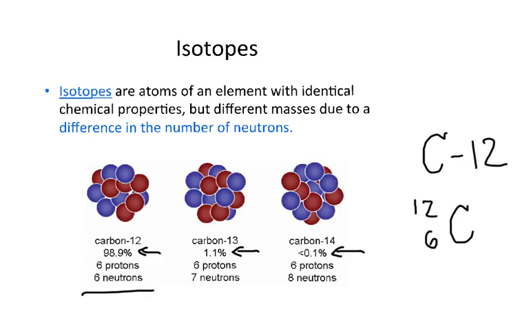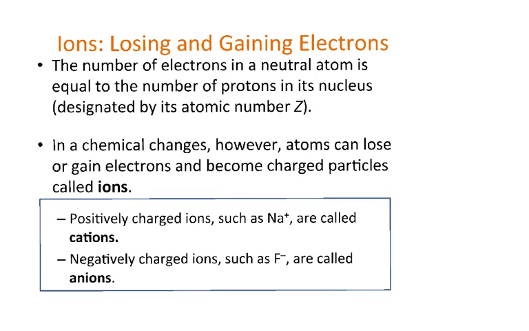And remember, you find the number of neutrons by subtracting the number of protons from the atomic mass. Also remember that the number of protons is equal to the number of electrons.